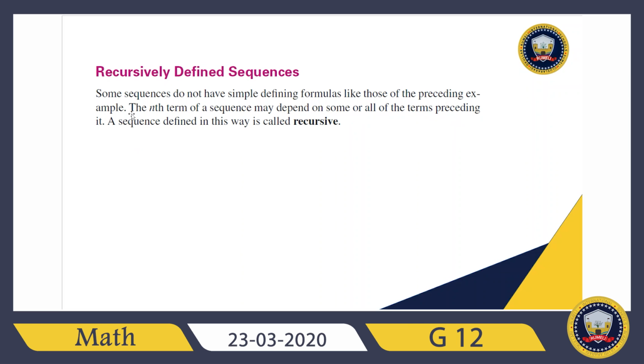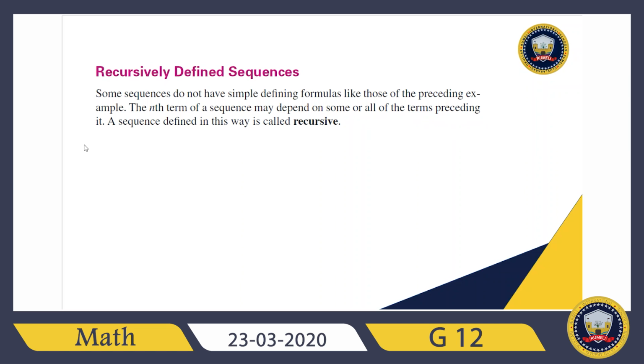So by definition, a recursively defined sequence is a sequence which depends on some or all of the terms preceding it. So it depends on a_n minus 1 or a_n minus 2, and so on. Any sequence defined in this way, we call a recursive sequence.